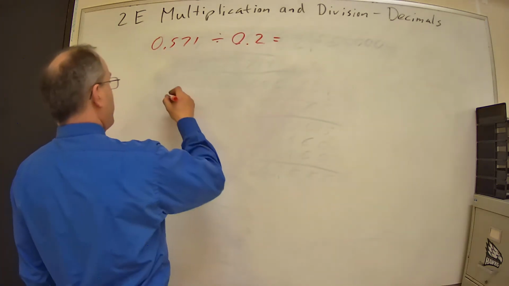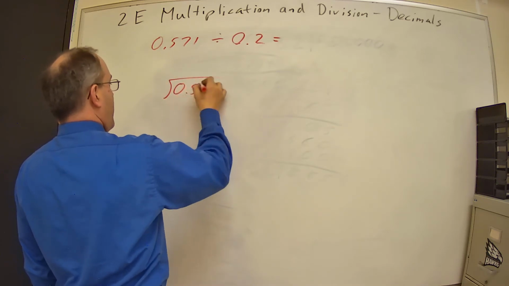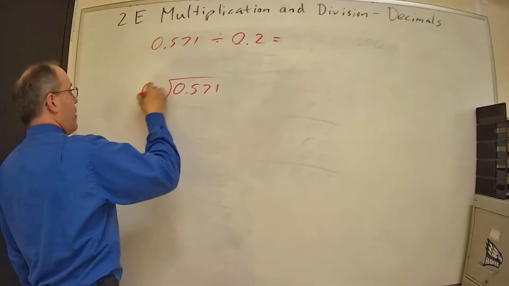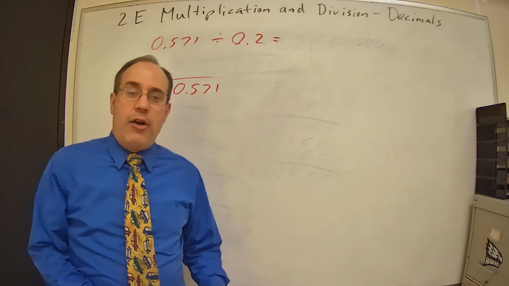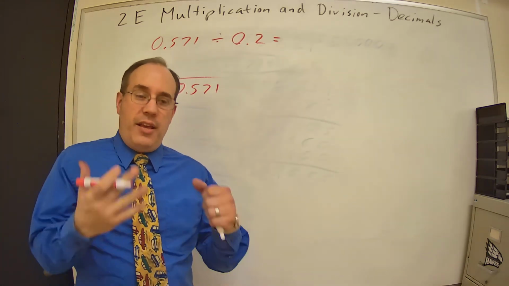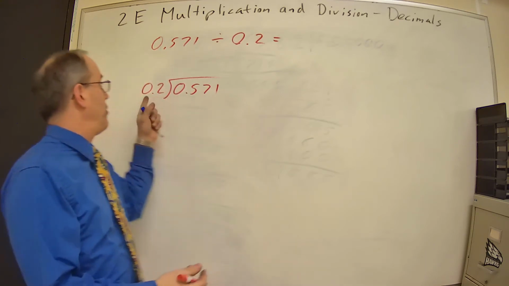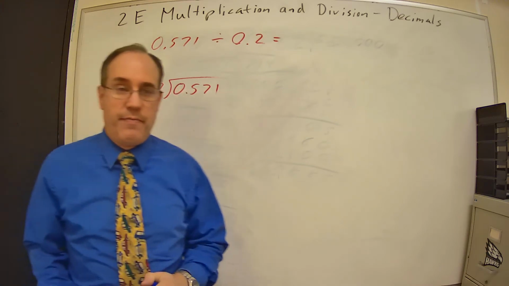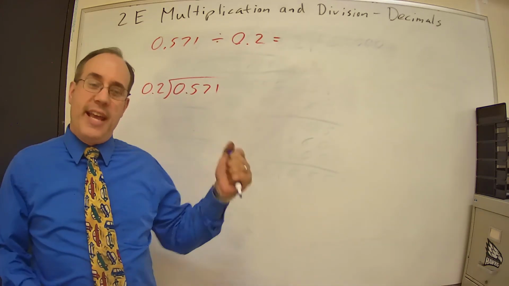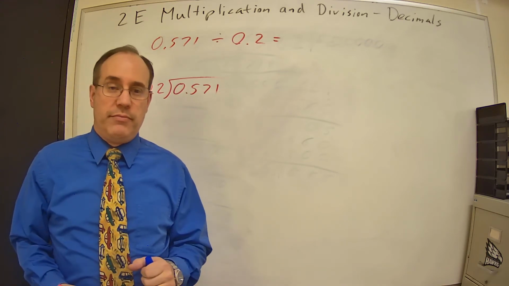Well, if I put that into long division, I have 0.571 divided by 0.2. Now, I'll tell you right now, we do not divide by hand with a decimal. I don't divide 0.2 into things. If I'm dividing by hand and doing long division, I divide by whole numbers.